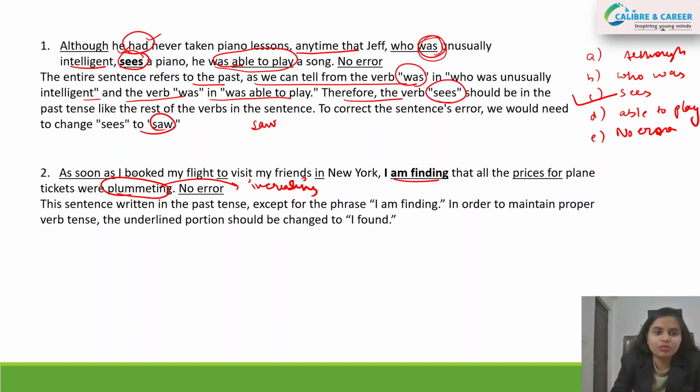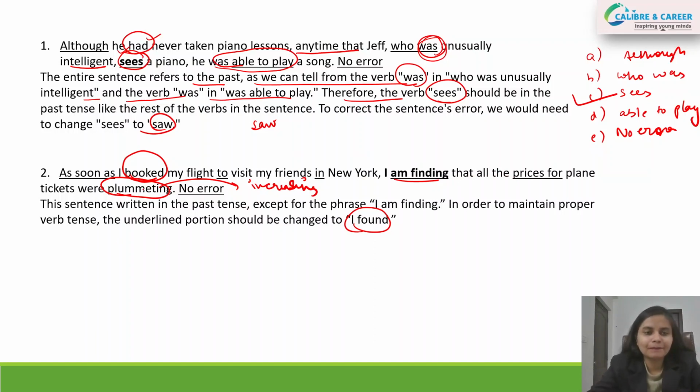Since you can say as I booked, from here itself you can see it is given in the second form of verb. As soon as I booked my flight ticket. So that's the reason I am finding will be incorrect. It should be I found. So what will be the correct sentence here? As soon as I booked my flight to visit my friends in New York, I found that all the prices for plane tickets were plummeting.